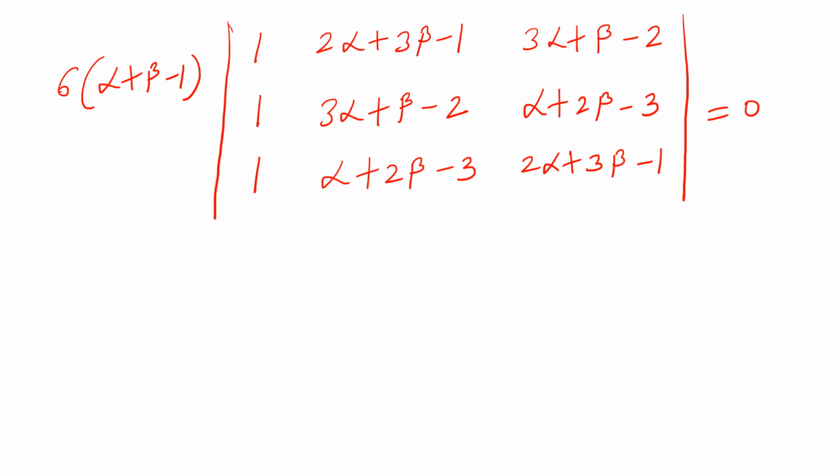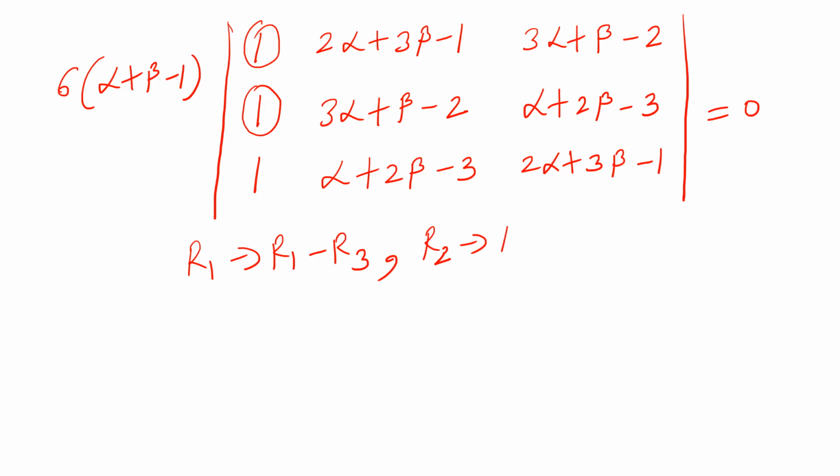Now students, we will create 0 at this place as well as 0 at this place. For this purpose, I will do the operation R1 tending to R1 minus R3 and R2 tending to R2 minus R3.